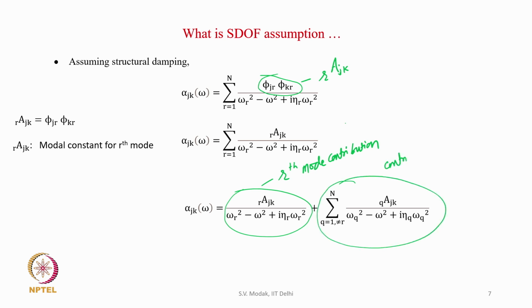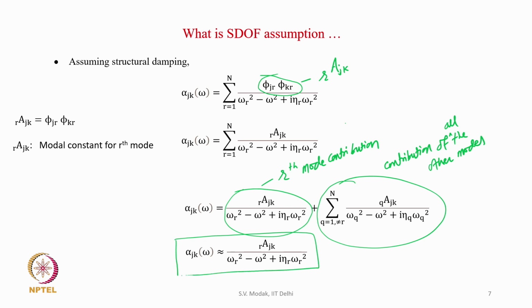This method now assumes that the second term, the contribution of all the other modes, is negligible. When this is neglected, we end up with an approximate expression for the FRF, which only depends on the contribution of the rth mode which is being analyzed.